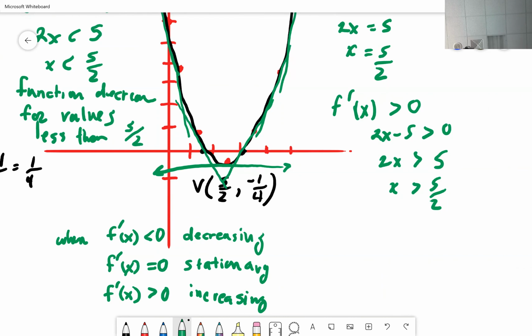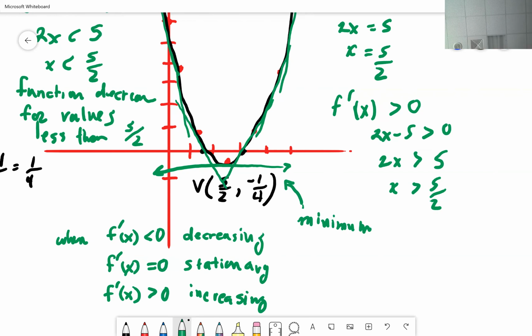We call this a minimum. That vertex is a minimum.